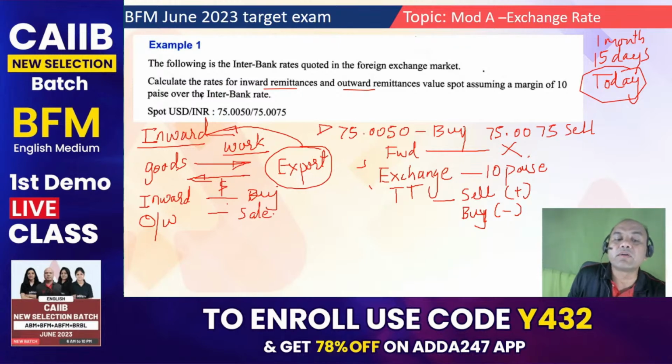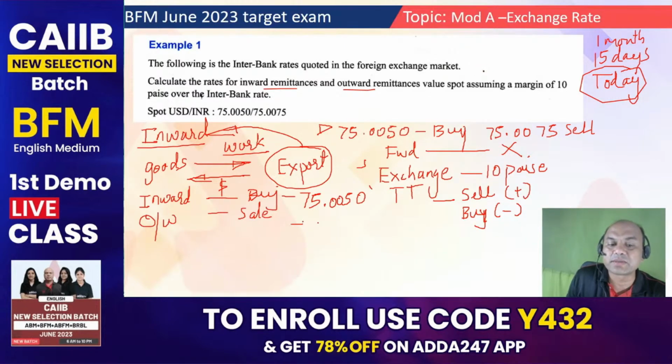Now I want the rate for buy. For inward buy, what is the rate? It's easy now: 75.0050. I'm doing buy, and buy means I'll subtract the TT margin. Minus what is given, 10 paise.